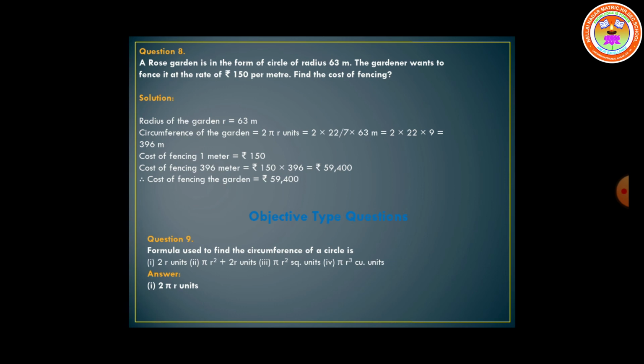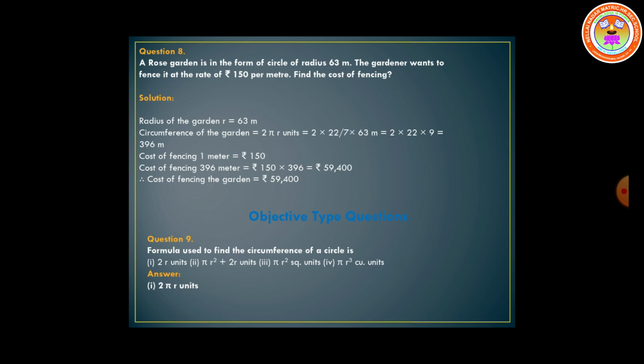Can you all understand how to find the circumference of the circle? If the diameter is given, the formula for circumference is pi d units. If the radius is given, the circumference is 2 pi r units. These are the two formulas we are going to use.